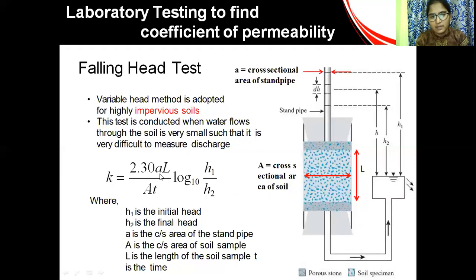For the variable head, a is the cross-sectional area of the standpipe, L is the length of the sample, A is the cross-sectional area of the specimen, t is the time required, and log 10 H1 by H2 is the head variation, initial head and final head. These are the two tests for conducting the laboratory test. Thank you.